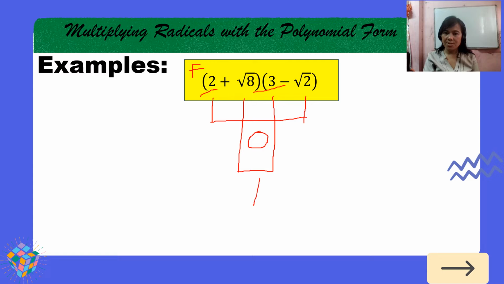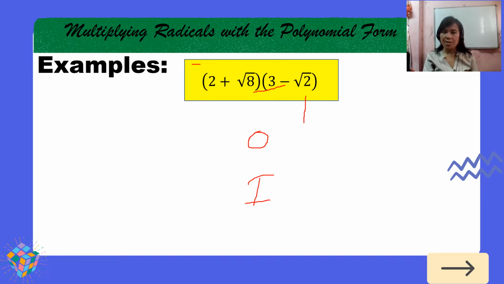So, inner term siya. And then, of course, the last terms here, ito, tsaka ito. These are last terms. So, gamitin lang natin yung FOIL tsaka yung knowledge natin on multiplying radicals na pareho yung index, and then we can have our answer. Okay? Let's proceed. Wait for a while.